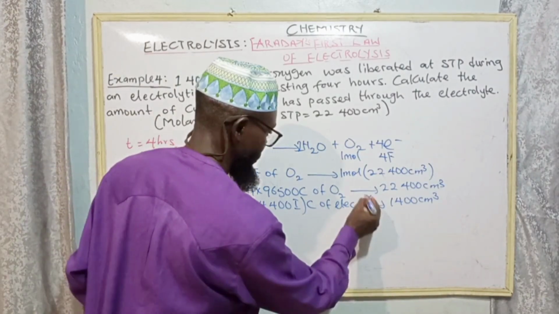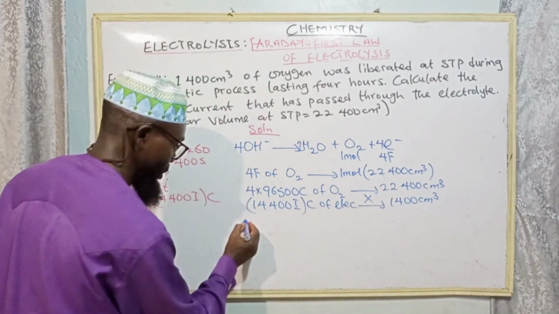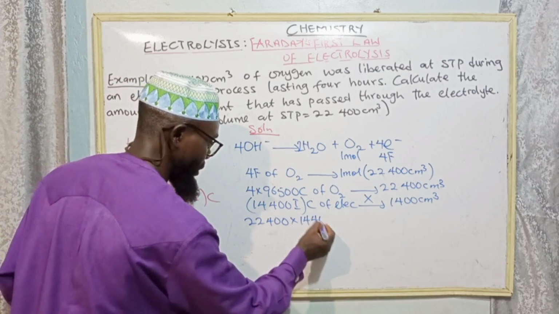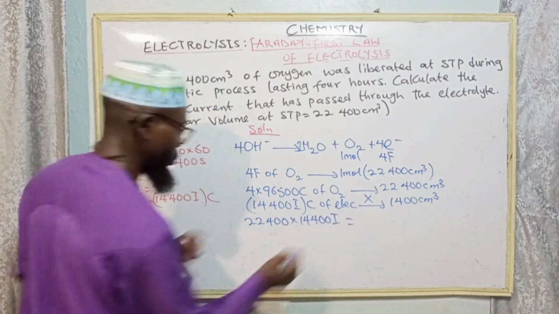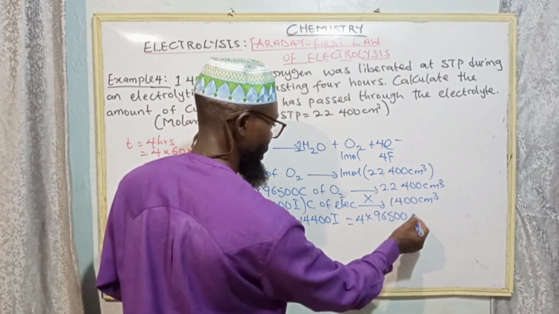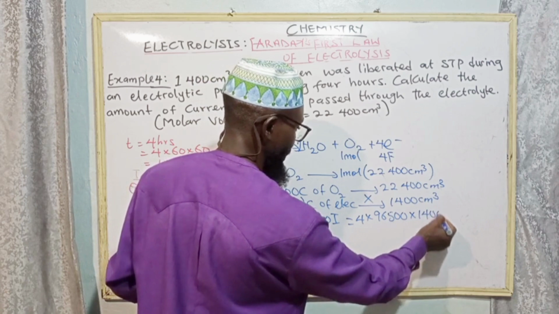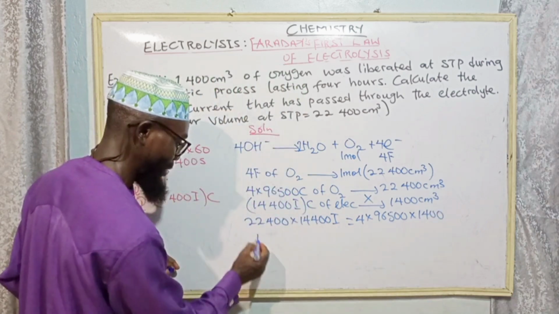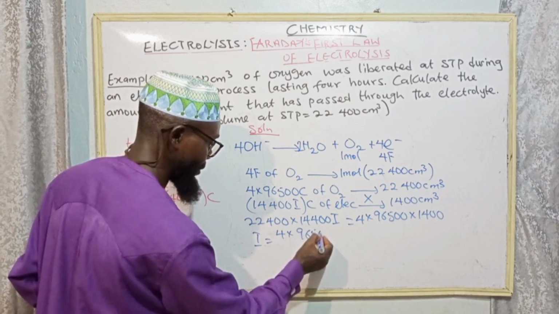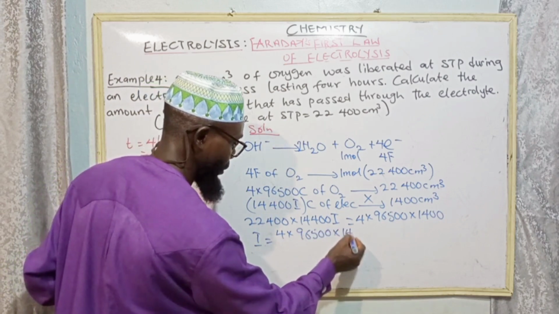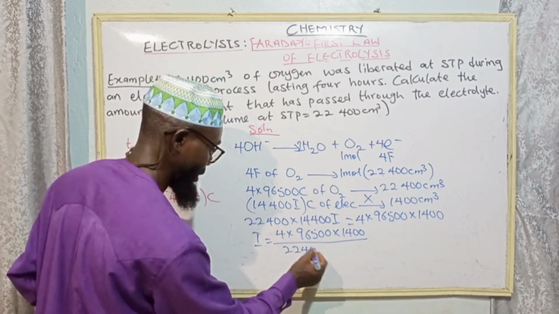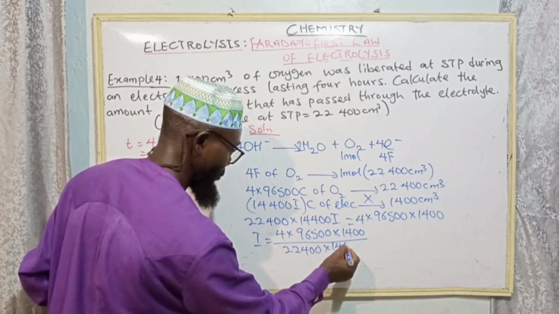Cross multiply. This times this: 22400 times 14400 I is equal to 4 multiplied by 96500 times 1,400. I need my I. My I will now equal 4 times 96500 multiplied by 1,400 divided by 22,400 times 14,400.